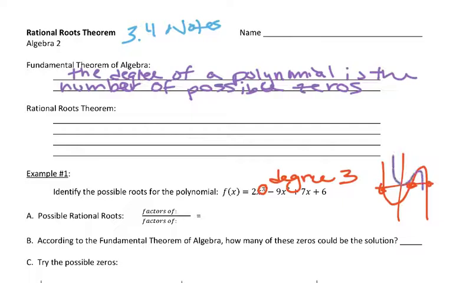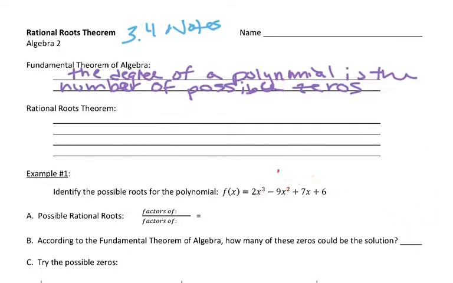So it could go like that, or it could go up there and then down through only once. Of course, being a degree 3, it would have to go through at some point. So either way, degree 3 means there are 3 possible zeros or x-intercepts.